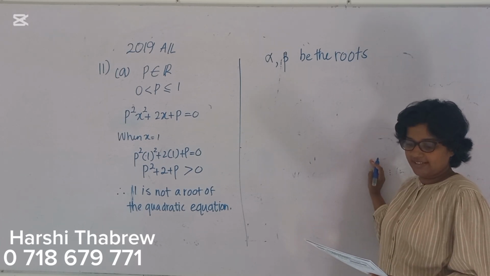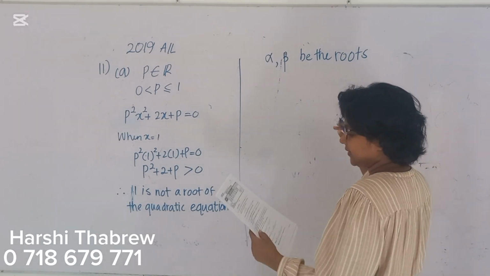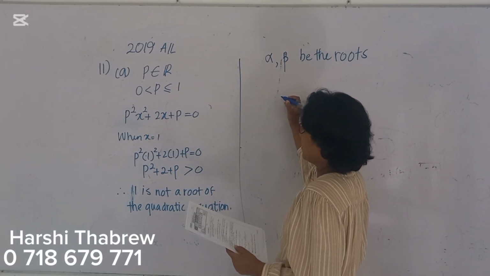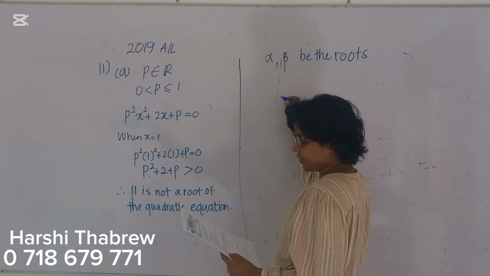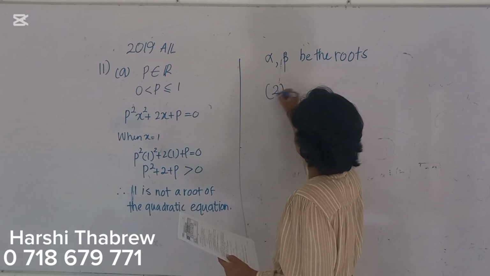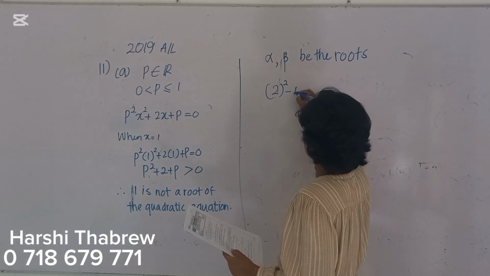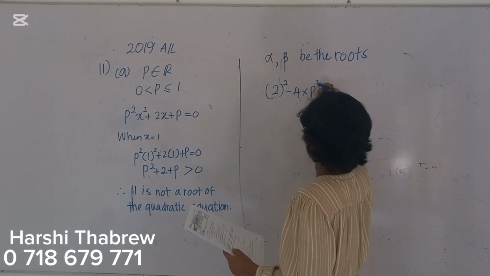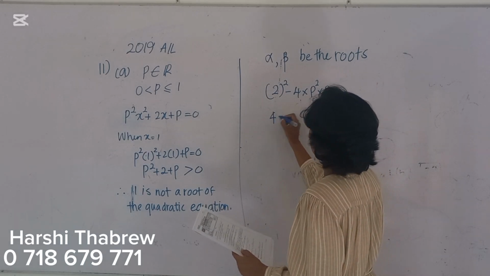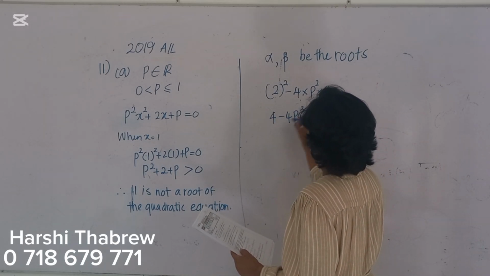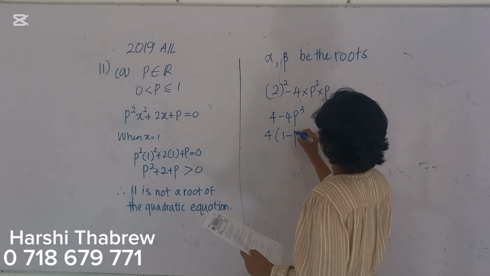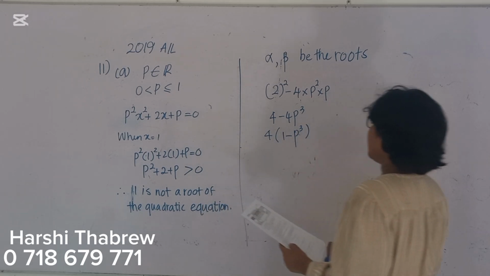Okay. Let's see the discriminant of the quadratic equation. It is b squared minus 4ac, so 2 squared minus 4, where a is p squared and c is p. So this is 4 minus 4p cubed. 4 is the common factor, so 4 times 1 minus p cubed.